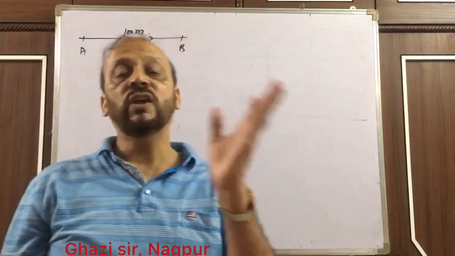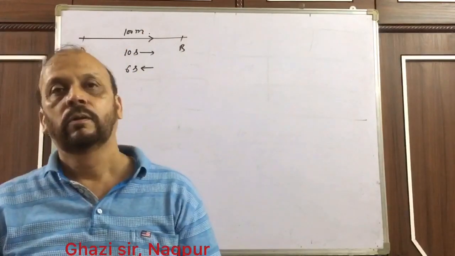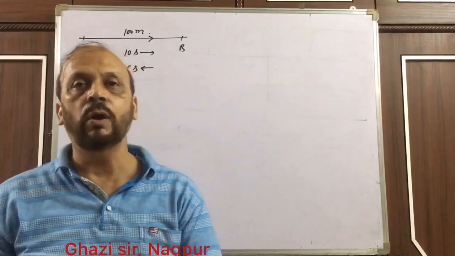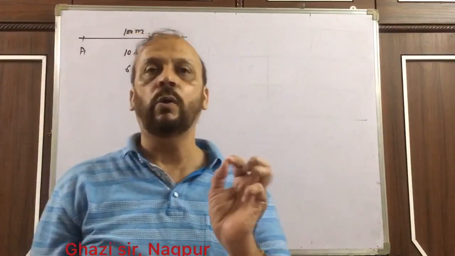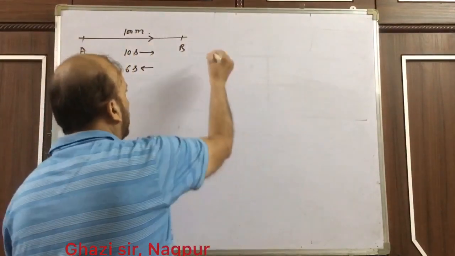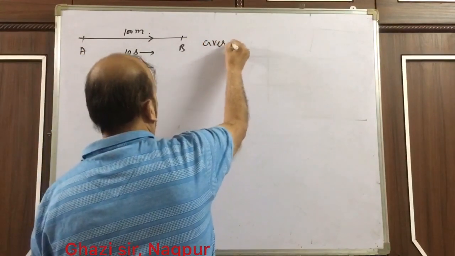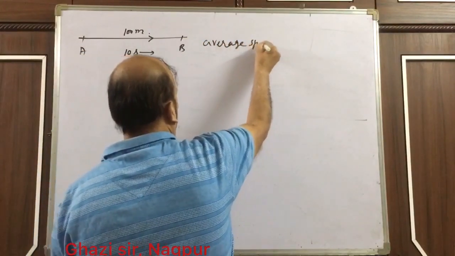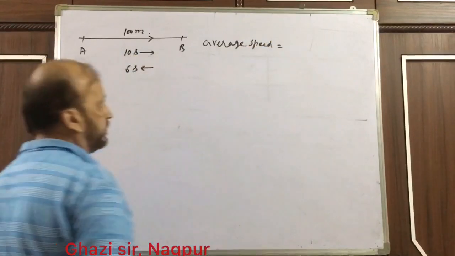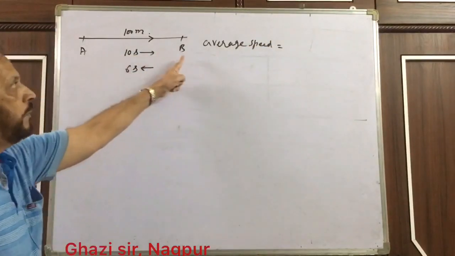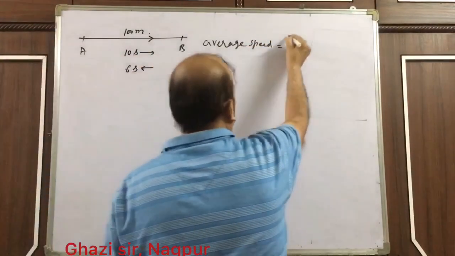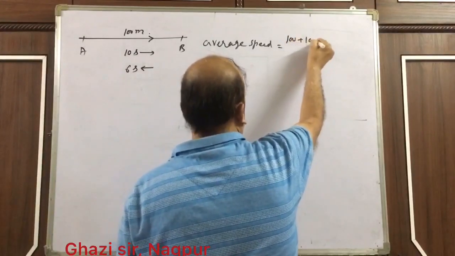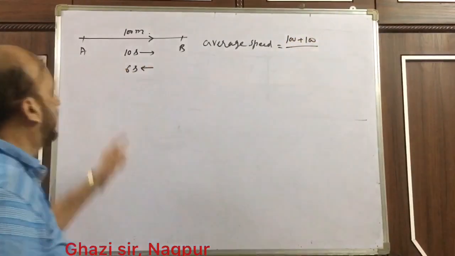Now since the distances are equal, average speed is equal to total distance upon total time. So average speed: total distance to and fro, 100 meter plus 100 meter, total time 10 plus 6.